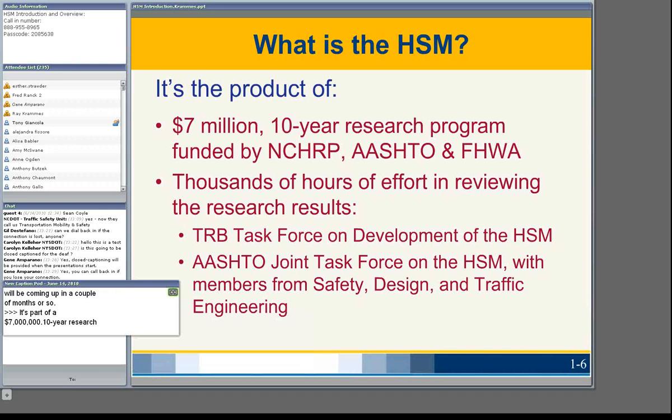And although I think it's not what the green book intends, that essentially equates being outside the recommended range of values as unsafe. Ezra Hauer, who's a leading highway safety researcher, labeled this notion or this shorthand as nominal safety.